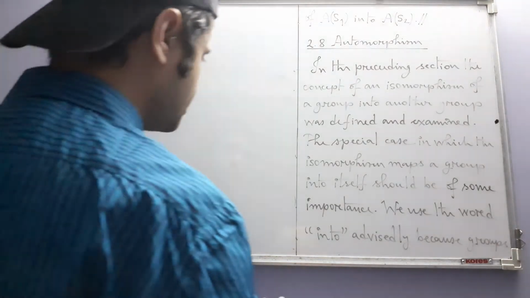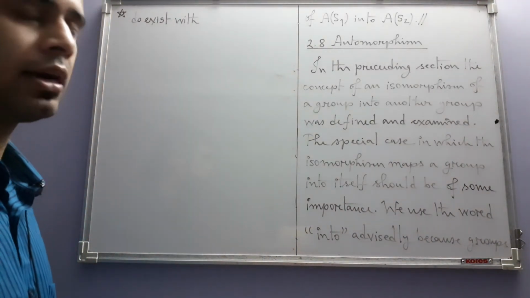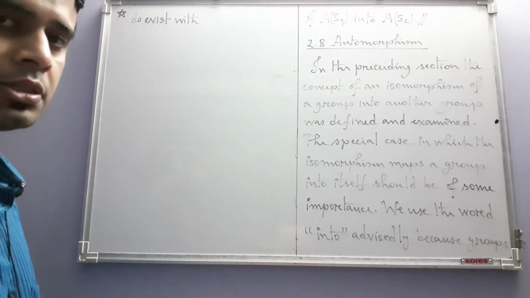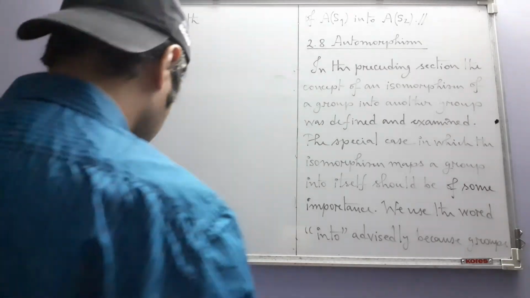Groups do exist where you can find, I should not say you can find, but there are isomorphisms from a group into itself which is not necessarily onto. I mean, such isomorphisms exist.